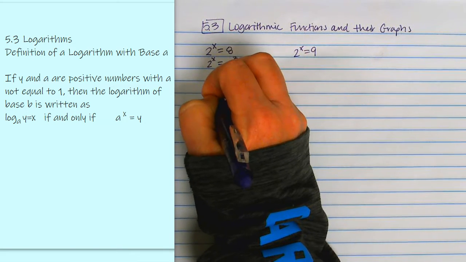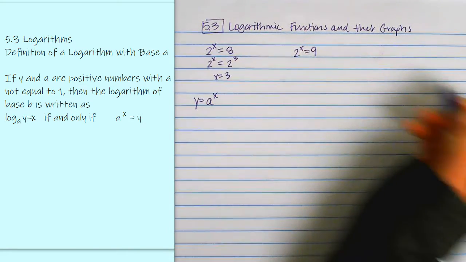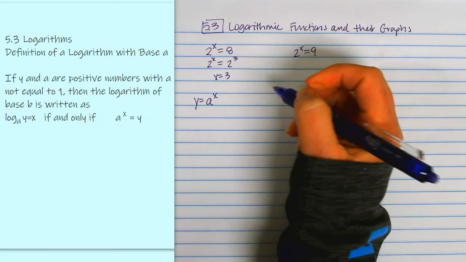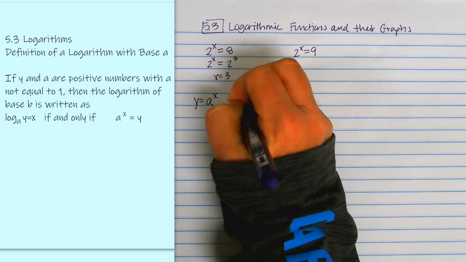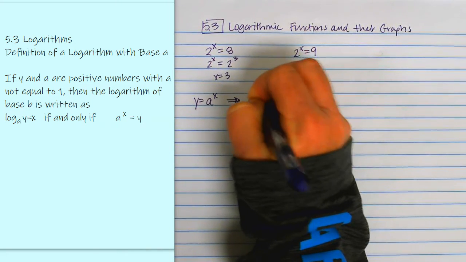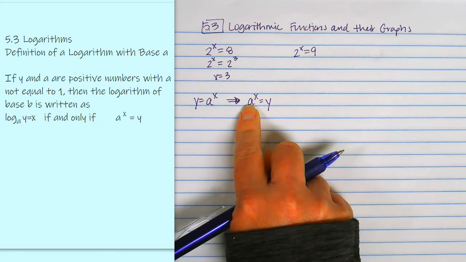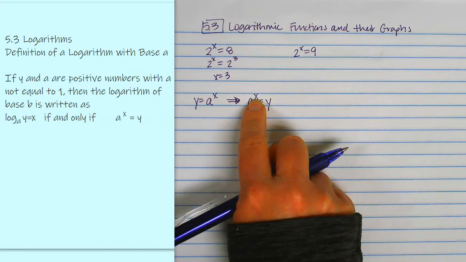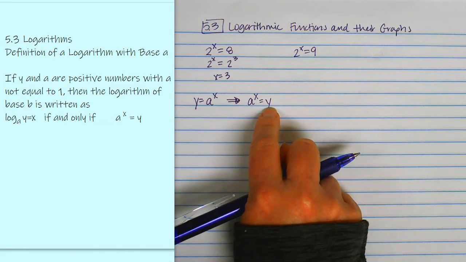We know that if y equals a to the x, and I've written it differently as a to the x equals y, where a is the base, x is the exponent, and y is y, then we're going to rewrite this as a logarithm.